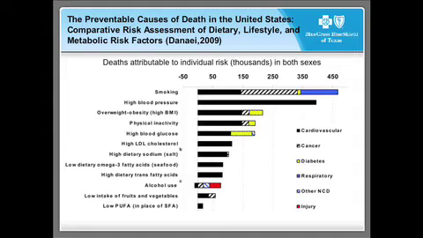At the top is smoking. The second one is high blood pressure, physical inactivity, high blood glucose, high LDL, high dietary sodium, low dietary omega-3 fatty acids, high dietary trans fats, alcohol, low intake of fruits and vegetables, and low polyunsaturated fatty acids.